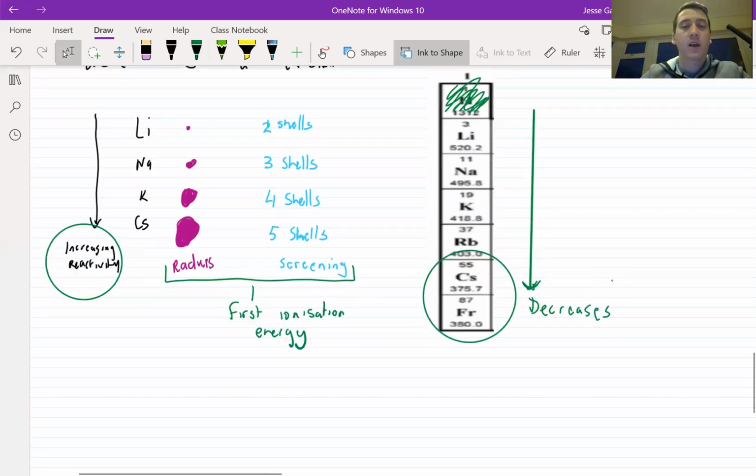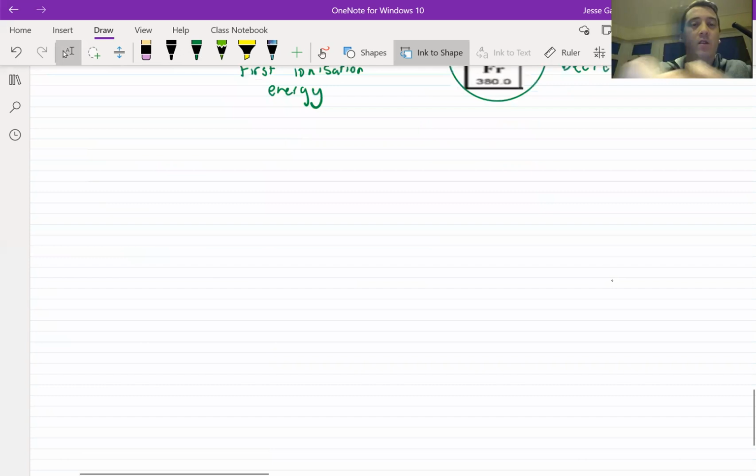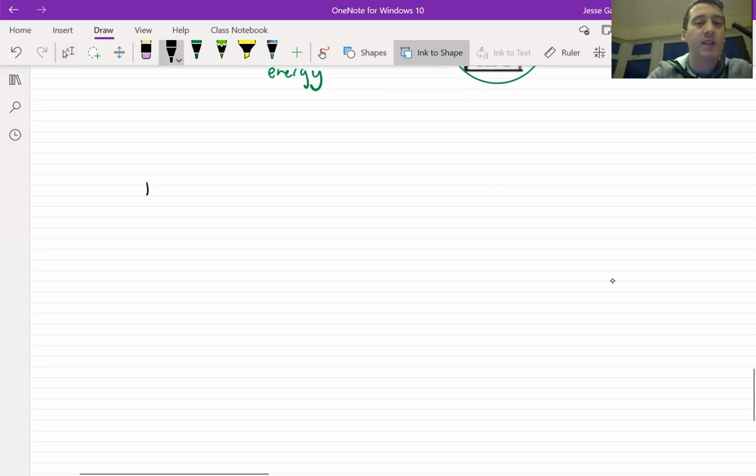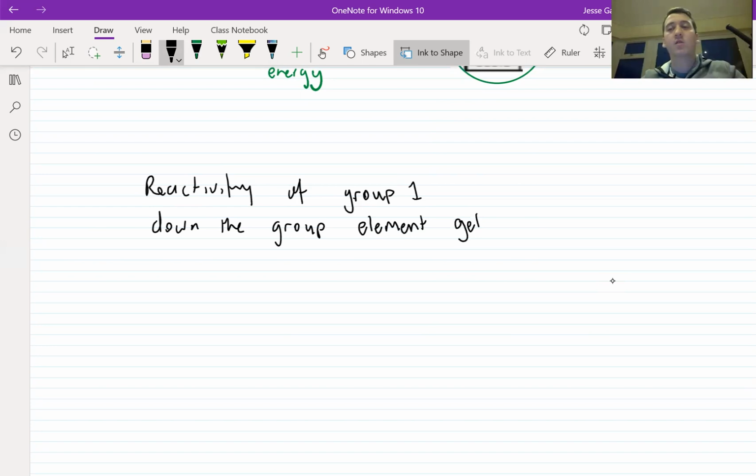Okay, so it's a good idea to summarize what happens. What about if we were to say reactivity of group 1? What would it say? Down the table or down the group, elements get... I want you to finish that sentence.